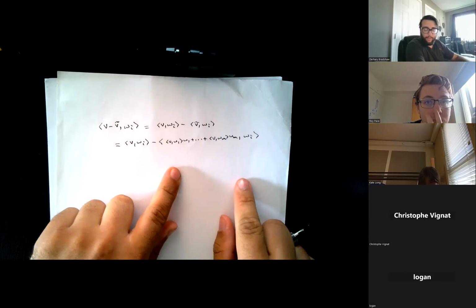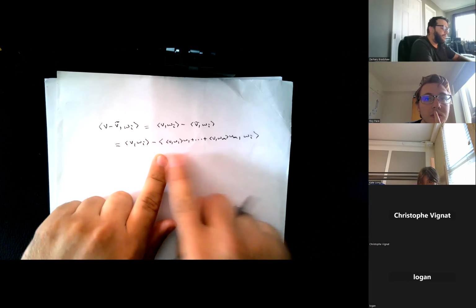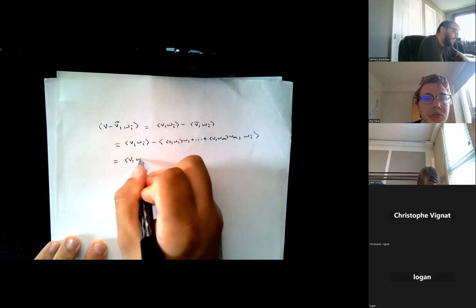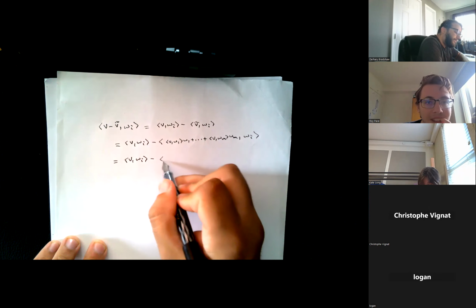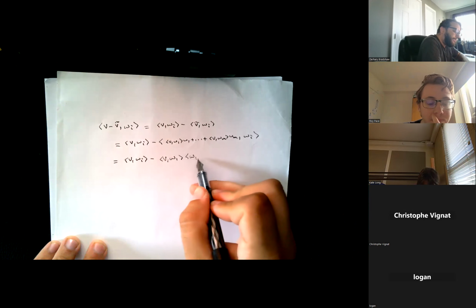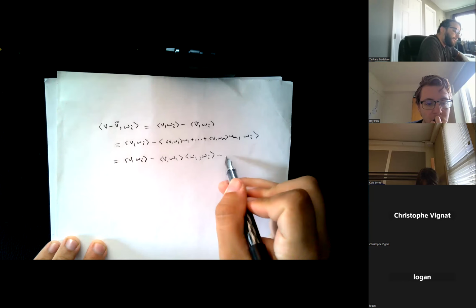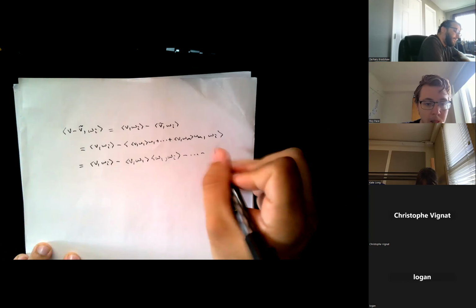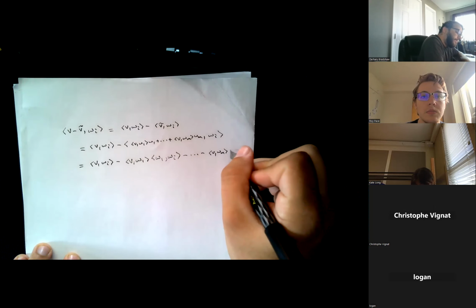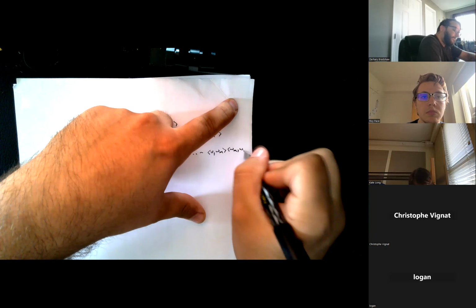Now I can use the linearity in the first component to move all of these scalars outside the inner products. So I get v inner product with w1, and I'm left with w1 inner product wi. We keep doing this all the way down to v inner product with wm, and then wm inner product with wi.